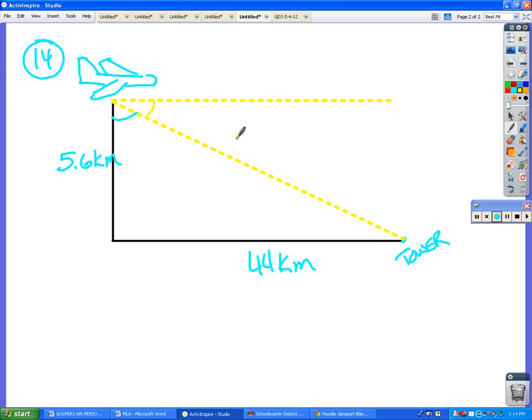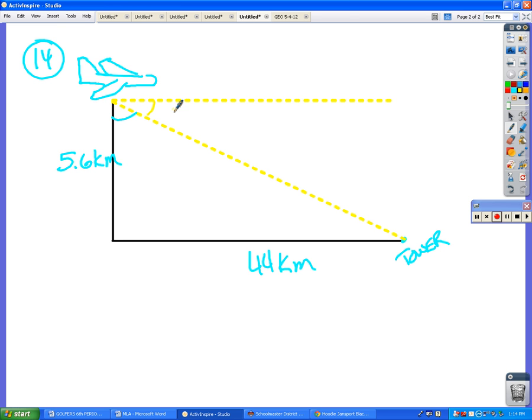But the way we can do it is we can figure this one out, and then what's the relationship between this blue angle and this yellow angle? They're complementary, that's what you're thinking of, starts with a C. So what trigonometric ratio can I use to figure out that angle in the corner?